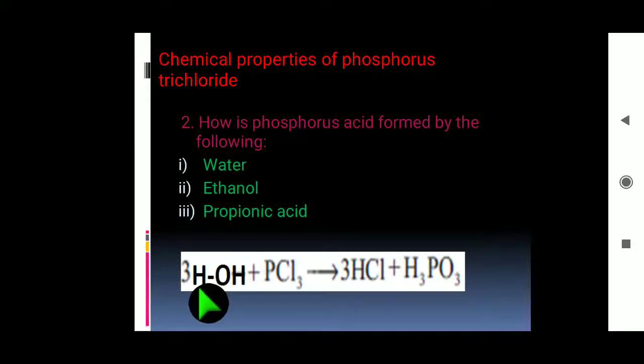So in the place of hydrogen I substitute ethyl, so we can get ethanol. When ethanol reacts with PCl3, it gives 3 moles of HCl, and in the place of hydrogen, ethyl will substitute here, 3C2H5Cl with phosphorous acid.